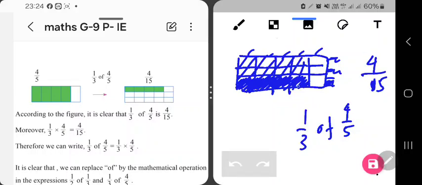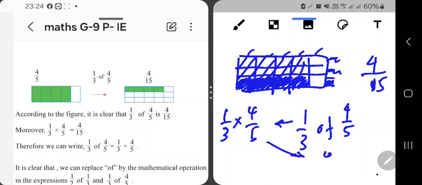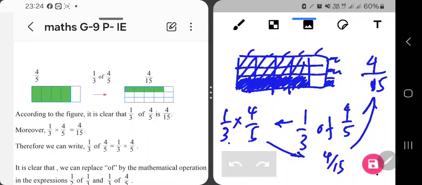So this is how graphically you think of it. So basically, in our earlier methodology, this is calculated as this. So 1 times 4 is 4, I'm just writing it here. 3 times 5 is 15, which is the same as this. So that is how you graphically understand the fraction of another fraction.